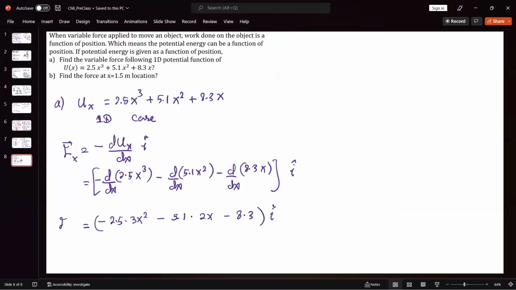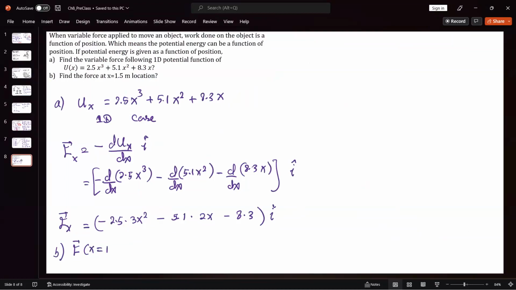So that is the force function in that particular case. Again, you can see it's a complicated function, which means different places along x can have different values. If I want to find the value of the force at any given point, all I need to do is substitute the number for x.